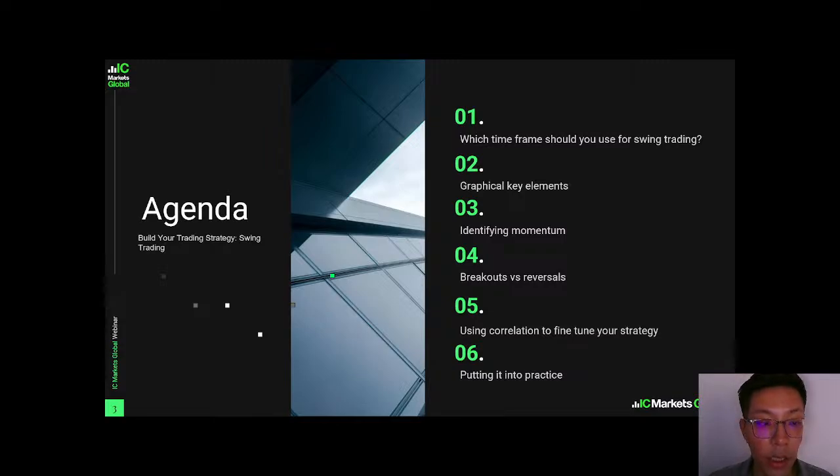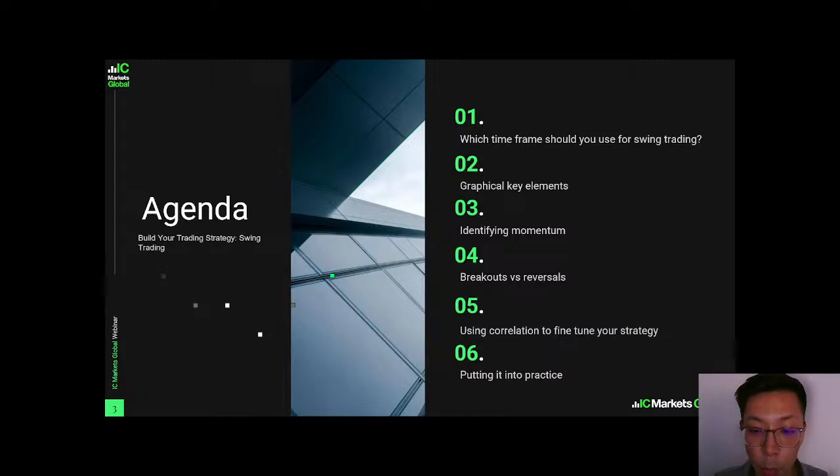Okay, so the agenda for today: we will go through which time frame you should use for swing trading. Then the next thing is graphical key elements on the charts. The third thing is identifying the momentum. Fourth, breakouts versus reversals. Fifth, using correlation to fine-tune your swing trading strategy.